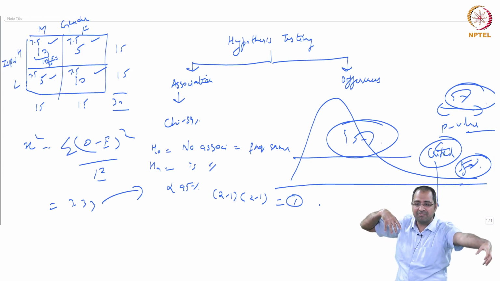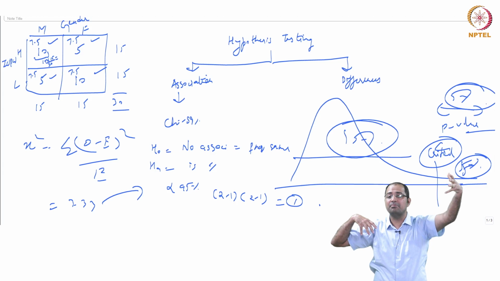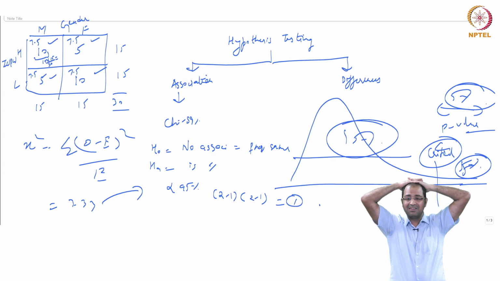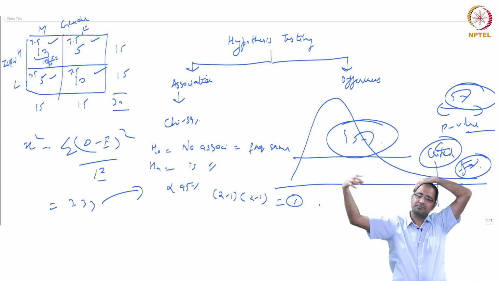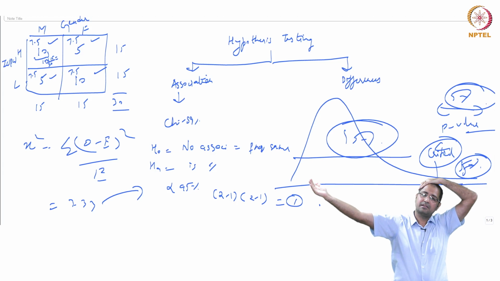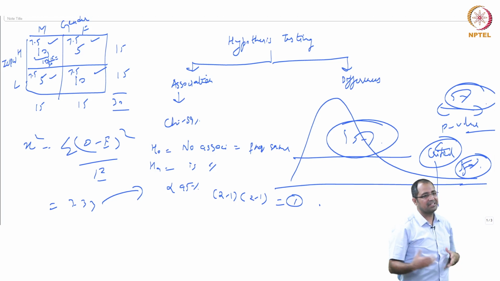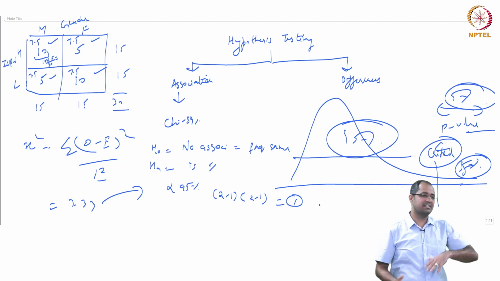There is a 95% probability that from a population with no association, you will get a sample with no association, and only a 5% chance that you will get otherwise. So if you draw a sample which has a significant difference from the expected, you conclude that you reject the null hypothesis.